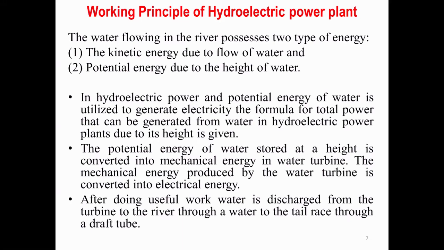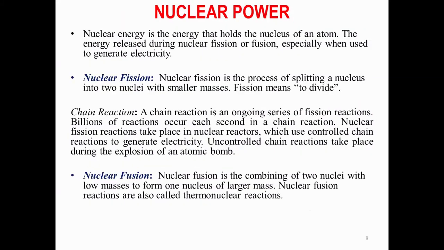And the last one is, water may not be available all 365 days. During summer, it might not be available, so you cannot produce electricity. So this is one of the biggest drawbacks of hydroelectric power plants.